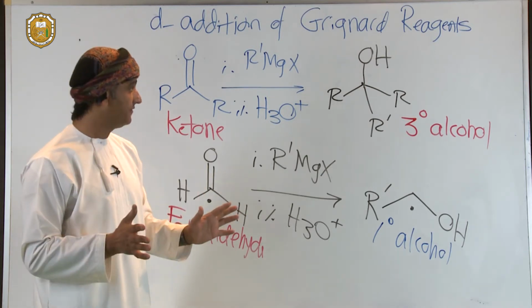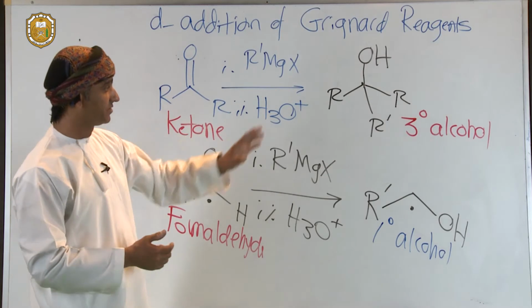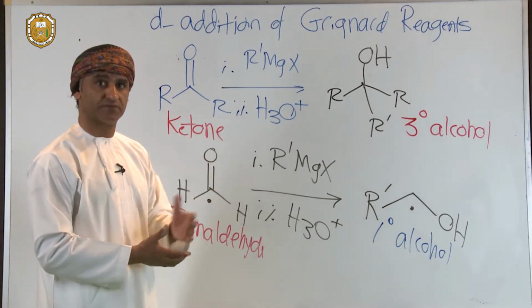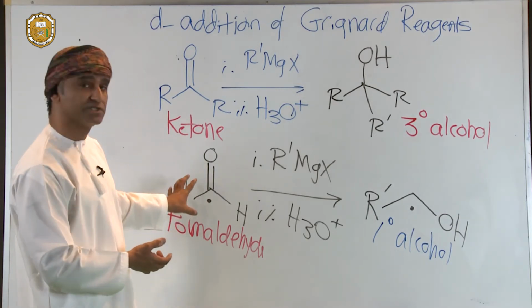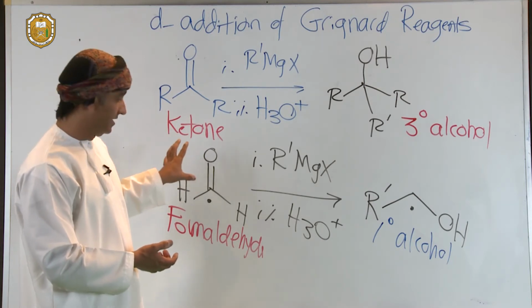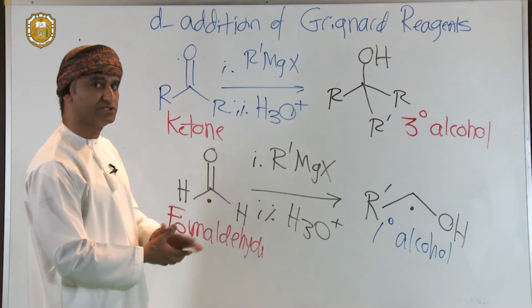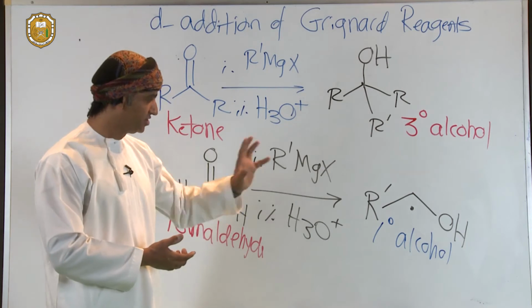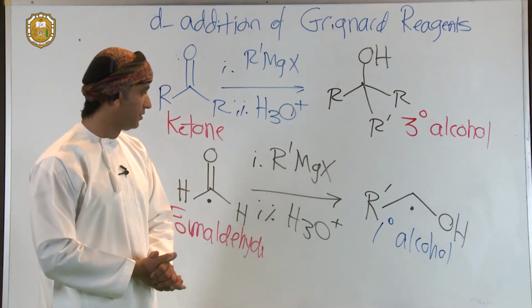To conclude, Grignards attack ketones to give the corresponding tertiary alcohol with more carbons, and the additional number of carbons comes from the Grignard. Grignard reagents also add to formaldehyde in a nucleophilic addition reaction to give the corresponding primary alcohol, and the additional increase in the number of carbons again comes from the corresponding Grignard.